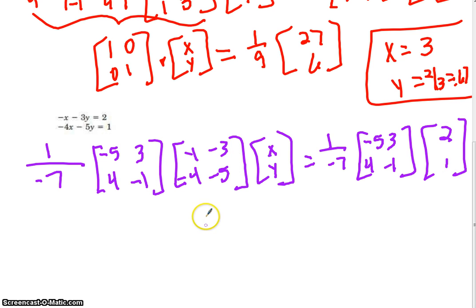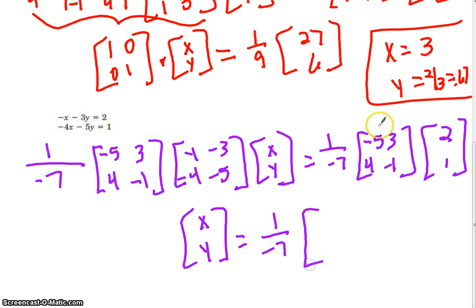So you know that all this basically ends up with X over Y, not X over X. So you have X over Y is equal to 1 over negative 7 times negative 5 times 2 minus 3 times 1, which gives you negative 7. And then 4 times 2 minus negative 1 times 1, which gives you 7.